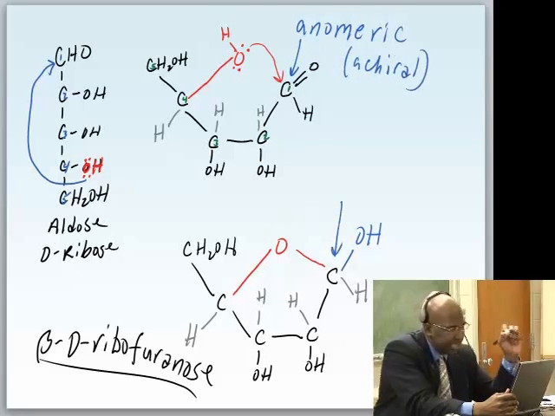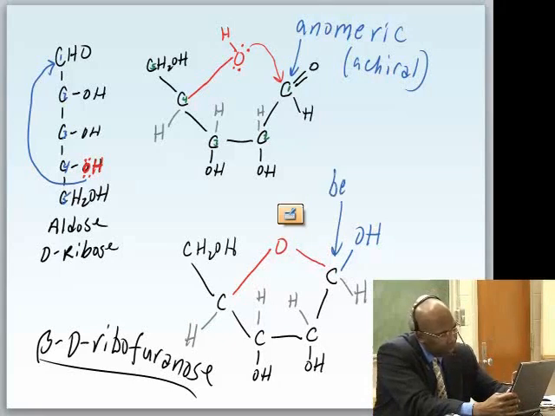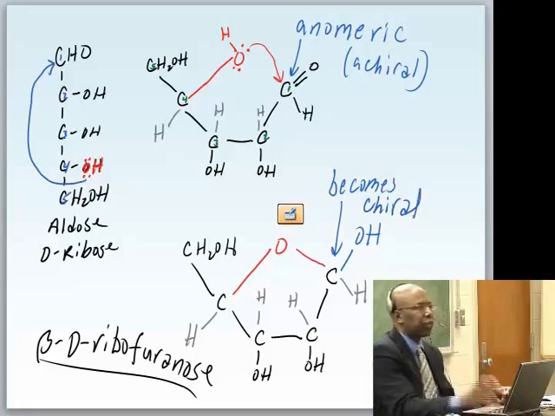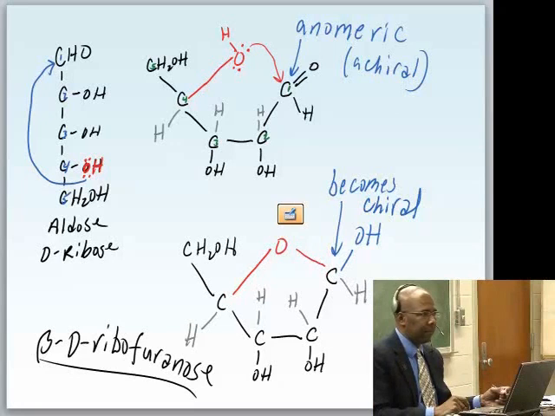But here, is this anomeric carbon chiral or achiral? It's chiral here, so it becomes chiral. And that's why you have to designate either alpha or beta.